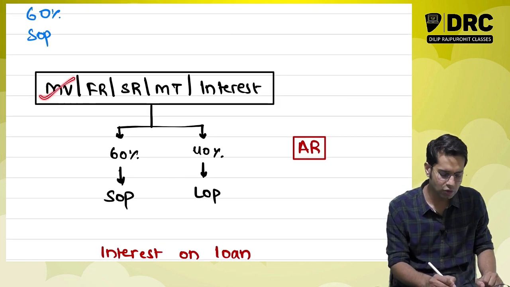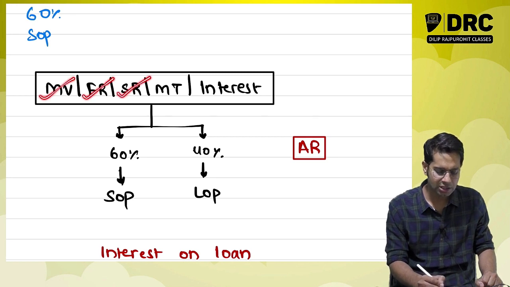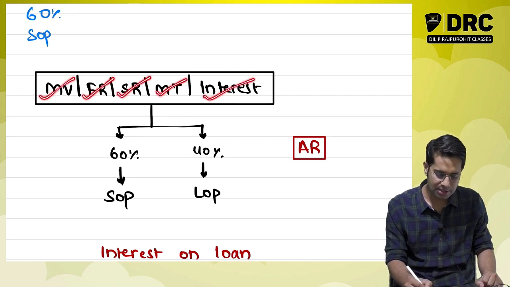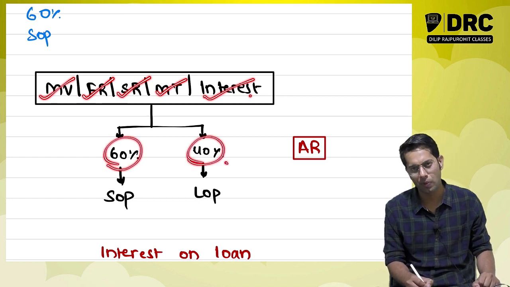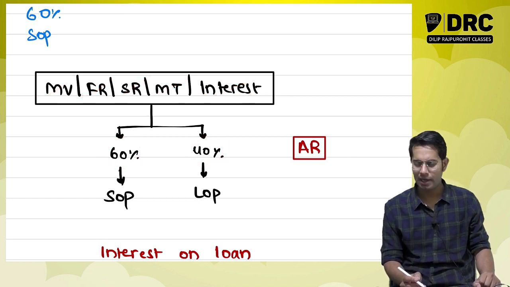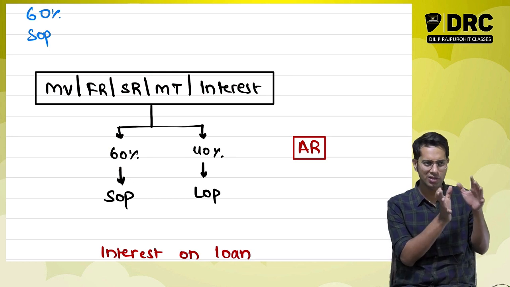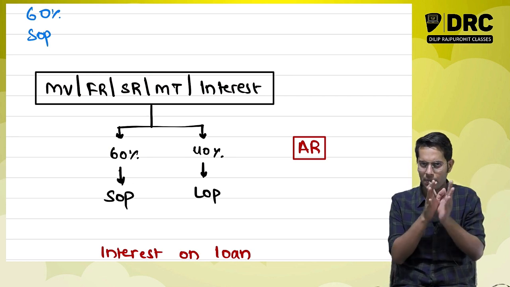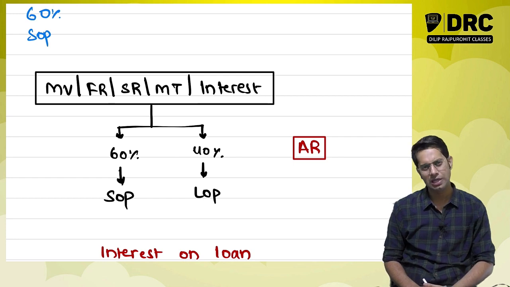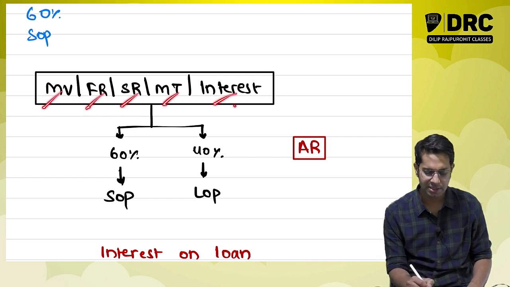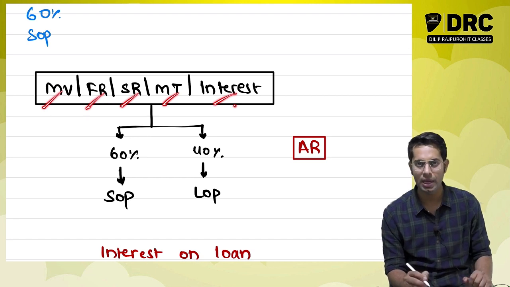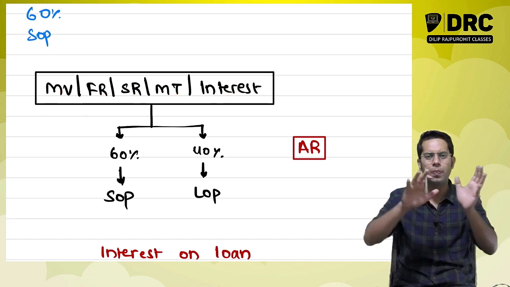You are required to take the municipal value, fair rent, standard rent, municipal taxes and interest in the proportion of let out. Whatever is allocated to self-occupied, give it to self-occupied, whatever is allocated to let out, give it to let out. So municipal value, fair rent, standard rent, municipal taxes and interest are required to be apportioned between the self-occupied and let out portions separately.